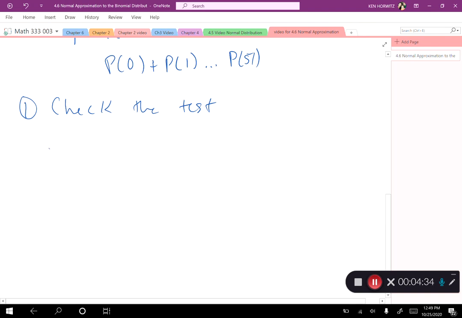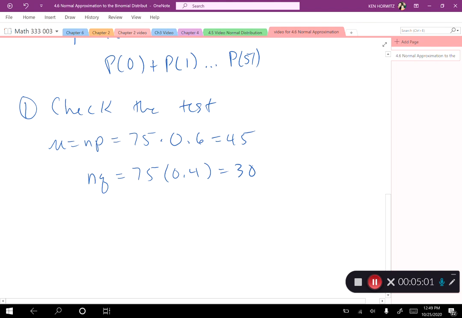So our mu equals n times p, which equals 75 times 0.6, which equals 45. n times q equals 75 times 0.4, which equals 30. Both are above 5, which means we can use our normal distribution.